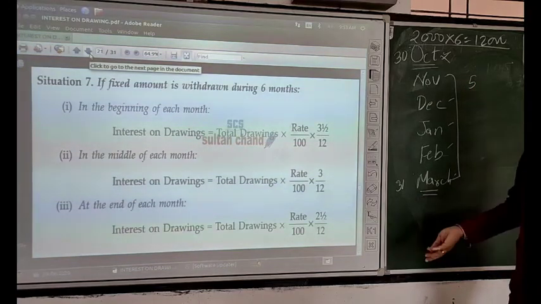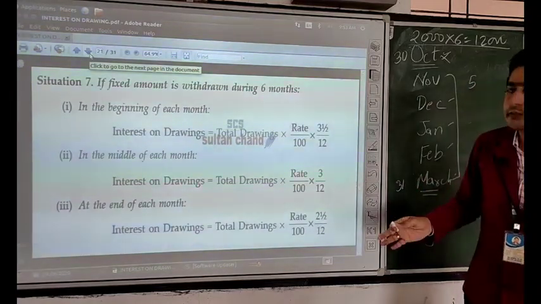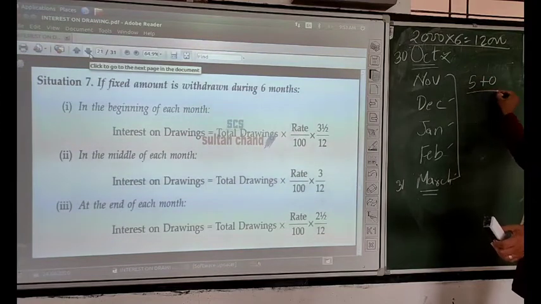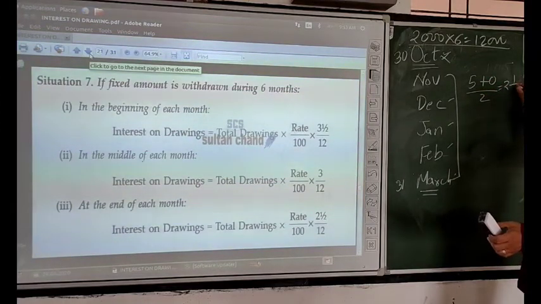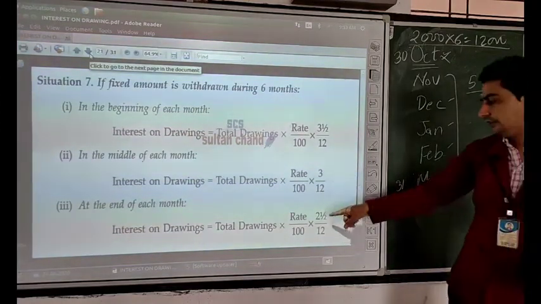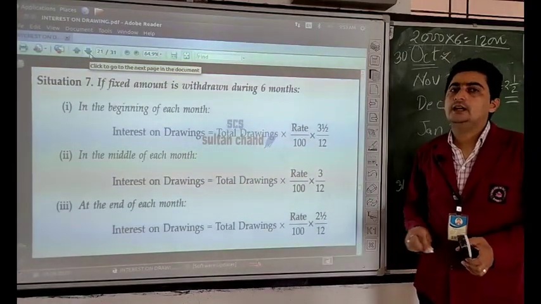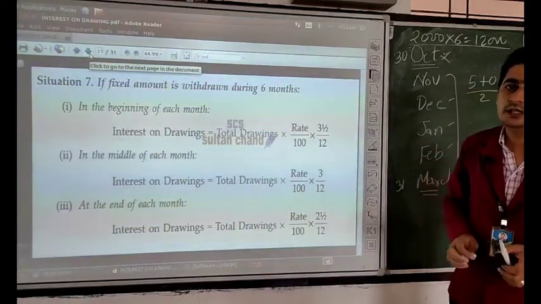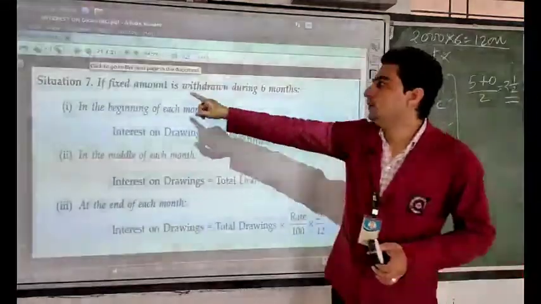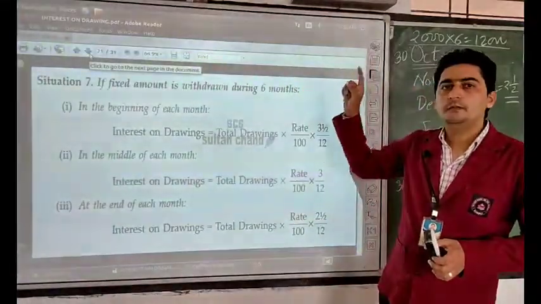After last drawing, 31st March, already year is ended, how many months are remaining? 0. 5 plus 0 divided by 2, 2.5 months. See, the average period of time is 2.5. So students, like this we will calculate if the fixed amount is withdrawn during 6 months.